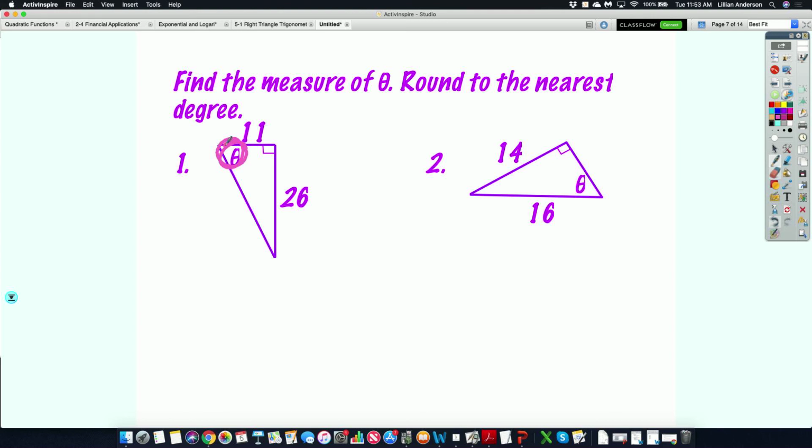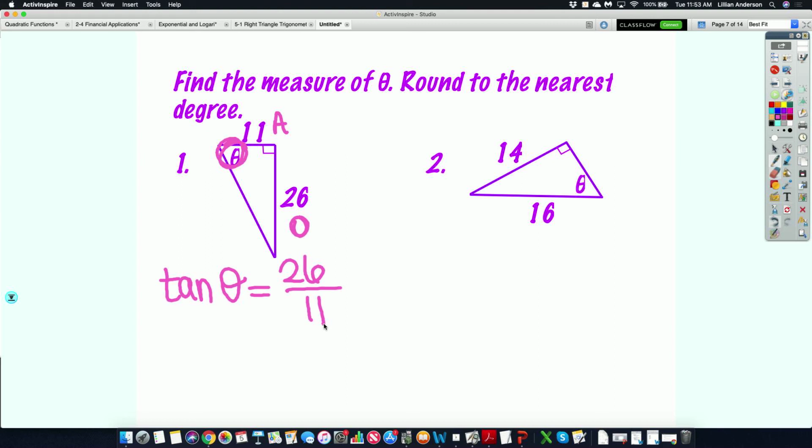Opposite. Opposite. 11 is your. What trig function uses opposite and adjacent? Tangent. So you set up the equation. Tangent, what's the angle? Theta. We don't know it. You can use x, it's fine. Equals my opposite side, 26, over my adjacent, which is 11.